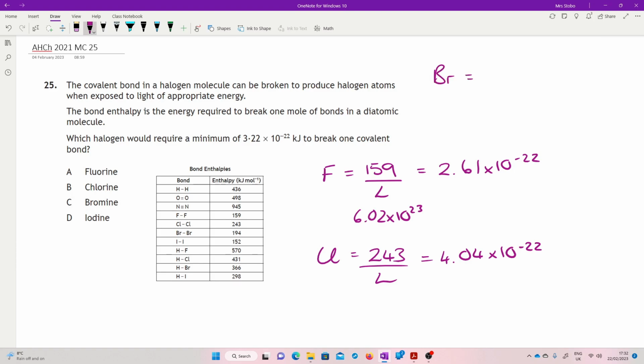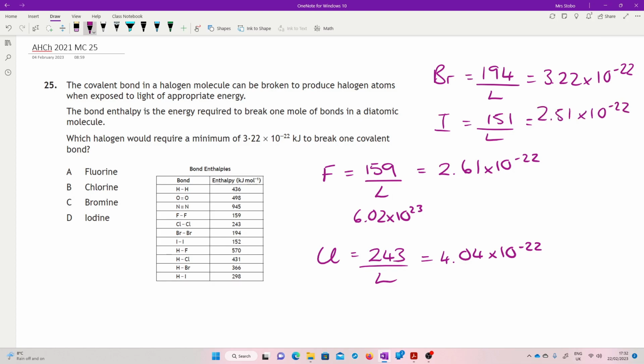Bromine is 194 over L, 3.22 times 10 to the minus 22. And iodine, 151 over L, is 2.51 times 10 to the minus 22. Okay, so you need 3.22 times 10 to the minus 22. There's your answer. And that's the paper. That's section A of the paper.